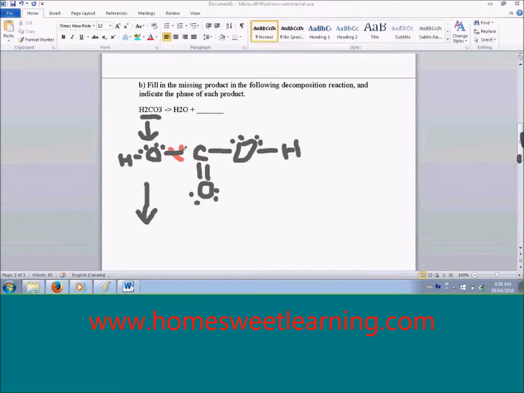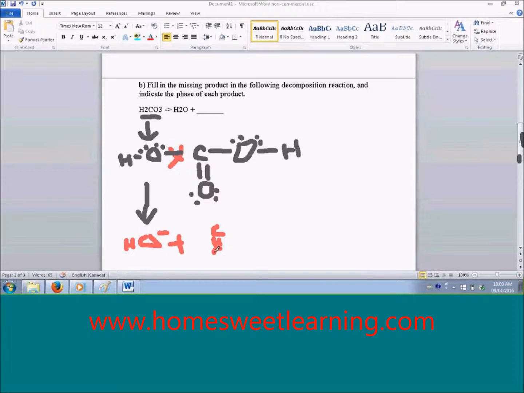It's going to detach itself and become hydroxide on this side. Then you're going to be left with this unstable molecule. So both molecules are unstable.